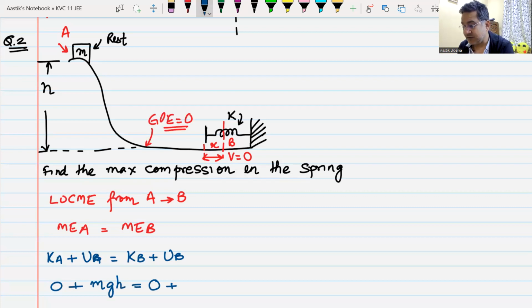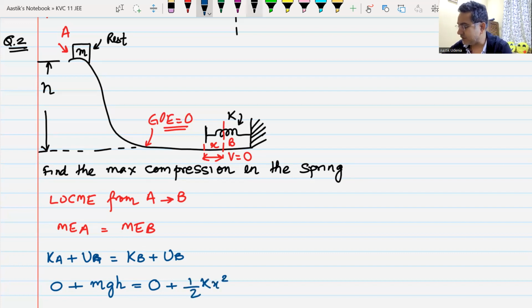Plus, what is the potential energy at point B? Now, the gravitational potential energy is 0 because we have taken it at the ground point. But instead, it now has spring energy. How much is the spring potential energy? Half kx square.